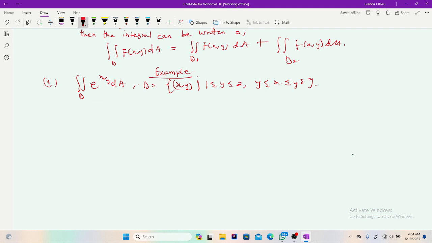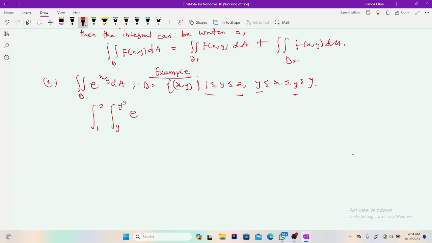As I told you when we started, always make sure that your constant limits are the outer boundaries. For the y side, the boundaries are 1 and 2, so we write 1 here and 2 here. Then for the inner integral, x has a lower limit y and an upper limit y cubed.